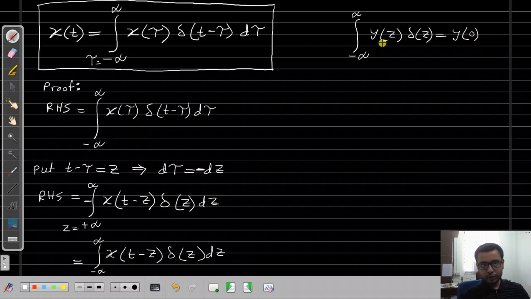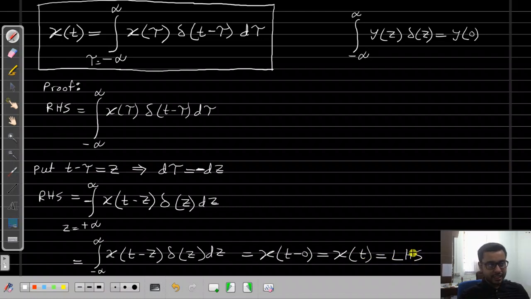So what you do basically, you put 0 in place of z in the expression of y. Now if we do the same thing here, we have delta z, assume this to be y of z. So you just have to put z equal to 0 in this expression, so it becomes x of t minus 0, or the same as x of t, which is the left hand side.